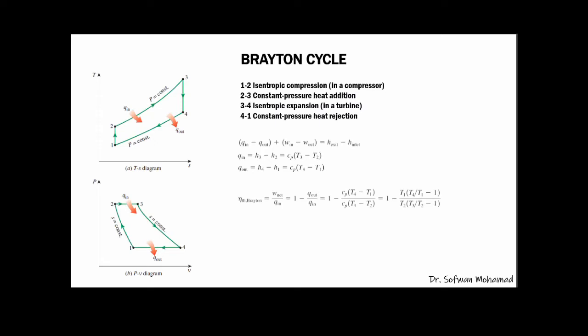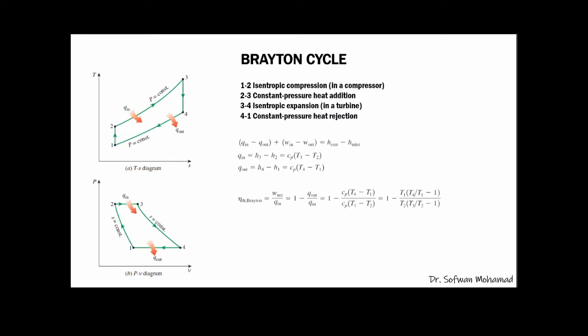The efficiency for the Brayton cycle can be calculated using the net work over Q in. You can calculate it using Q out and Q in, or Cp, or the ratio of temperature. Whichever equation you use depends on what information you have.